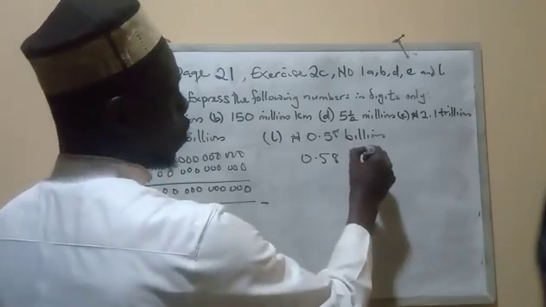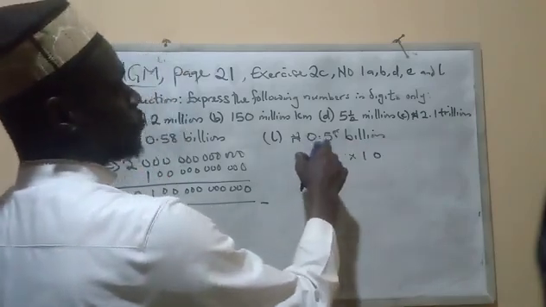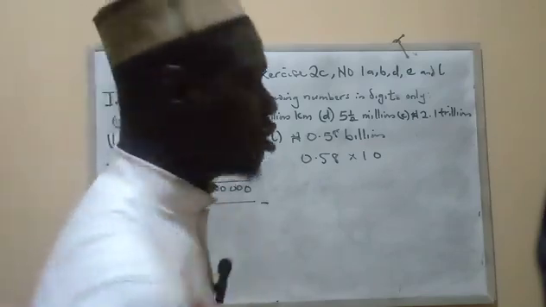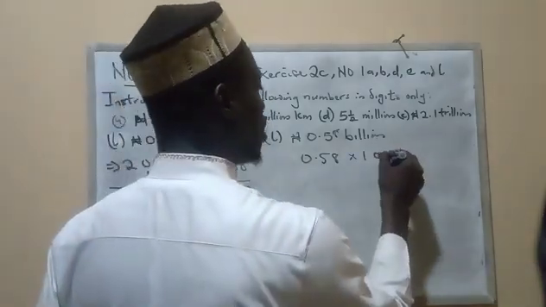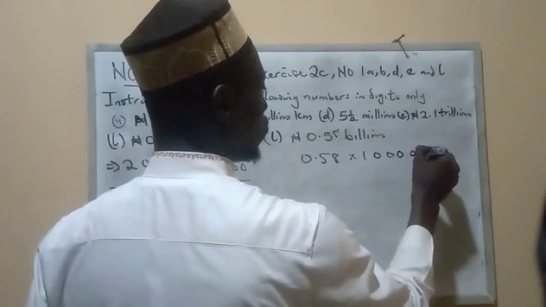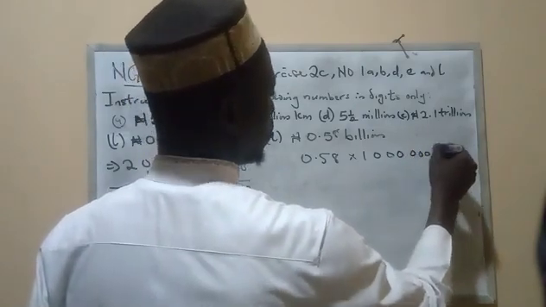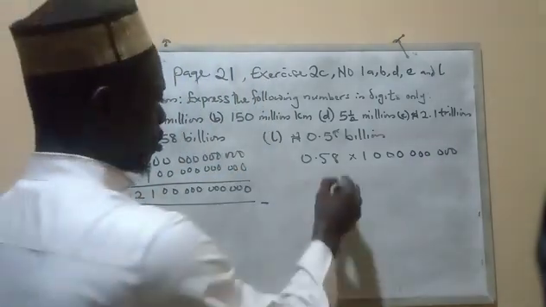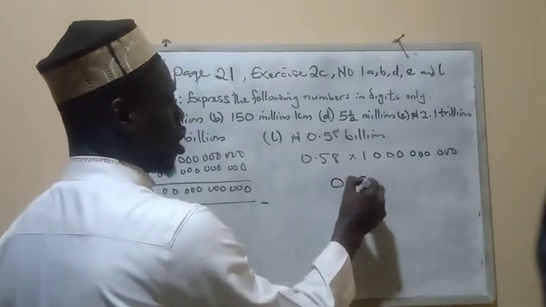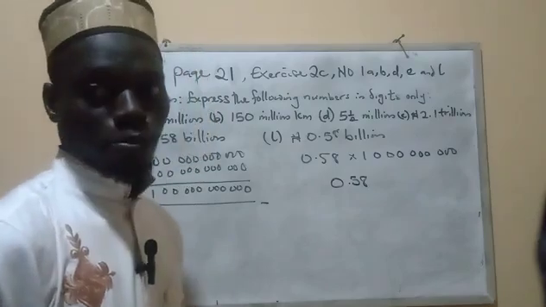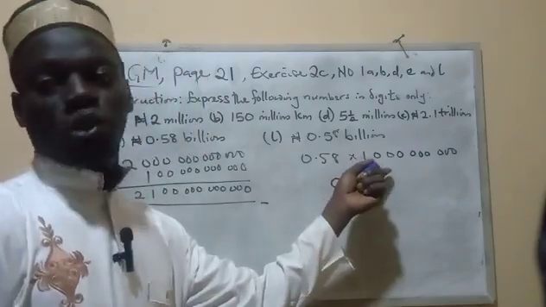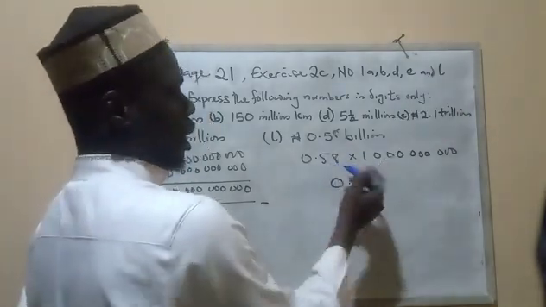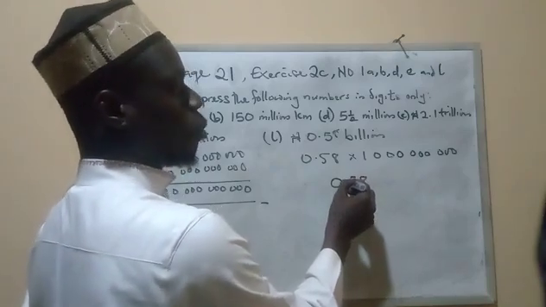Billion has 9 zeros. The short way of multiplying numbers like this, especially those with 1 and many zeros, is to shift the point.